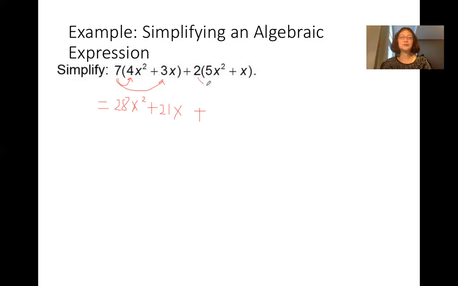Next, 2 multiplied by 5x squared, 10x squared, plus 2 multiplied by x is 2x. Now let's check. Do we have like terms? Yes, 28x squared and 10x squared are like terms. So collect like terms, you get 38x squared. 21x and 2x, collect like terms, you get 23x.